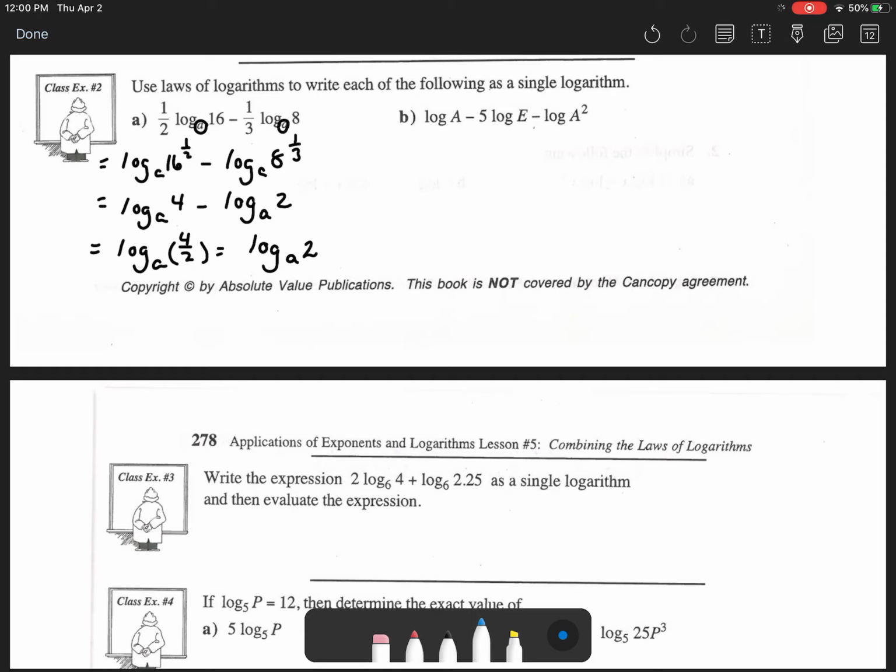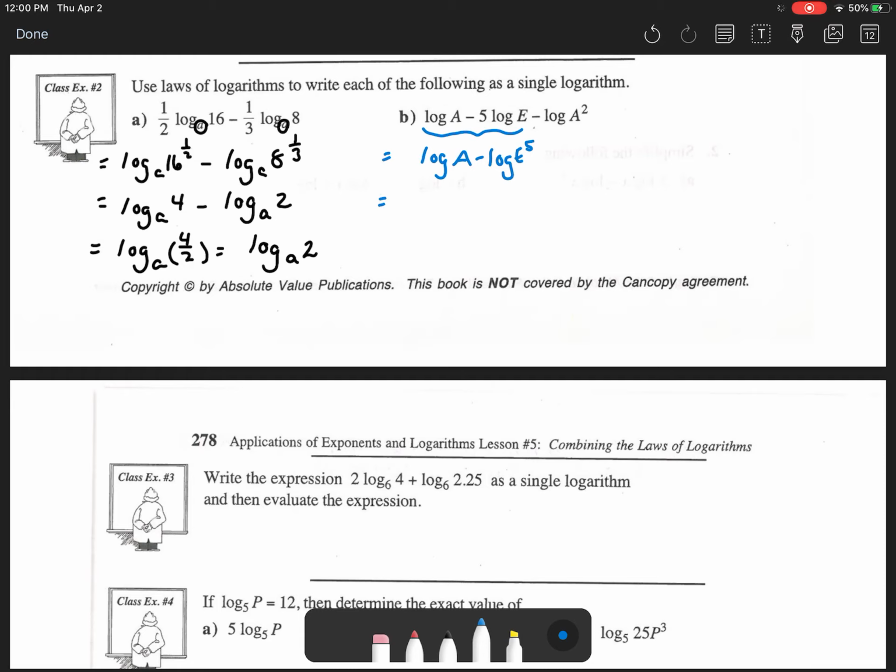The second one, again, sometimes we forget here, but you notice it doesn't appear that there is a base there. That base is obviously the value of 10. So I'm okay here to use my laws of logarithms because they all do have that same base, which is 10. So what I'll do is deal with the first 2 first, and I will go like this, log base a, and I'll just go minus log e to the exponent of 5.